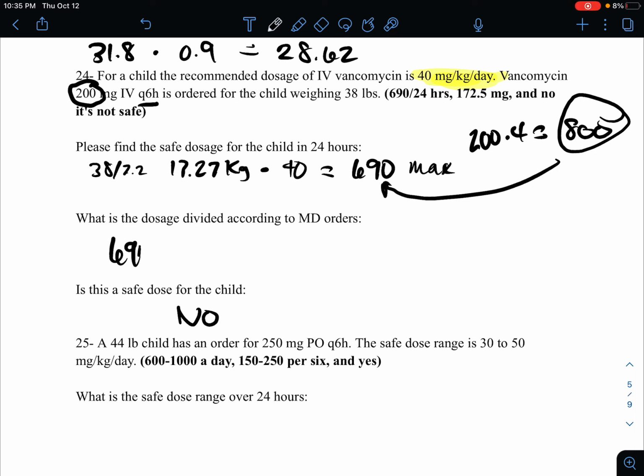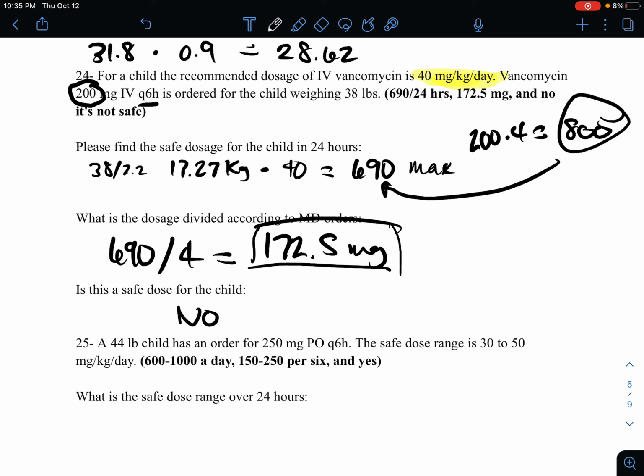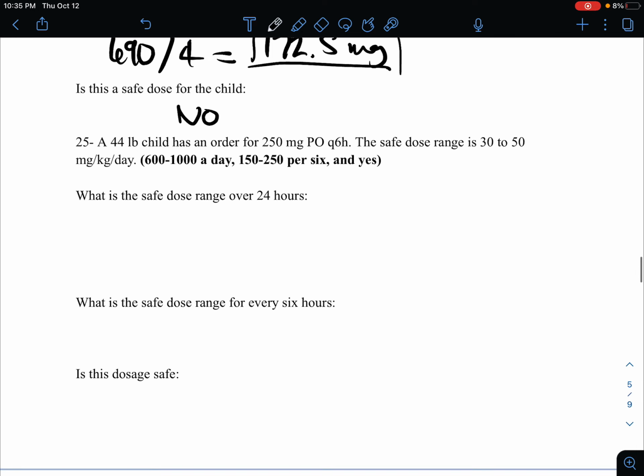It'd be 690 divided by 4, because you're doing it every 6 hours. So 690 divided by 4 is 172.5 milligrams right there. The ordered dose is not safe because it's way over what the child can handle, so this would be a safer dose. So we would send this back and say, can you redo it? Because I'm not going to give that to them.